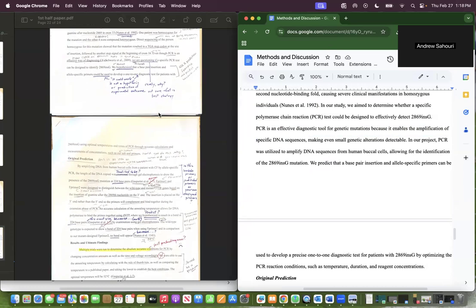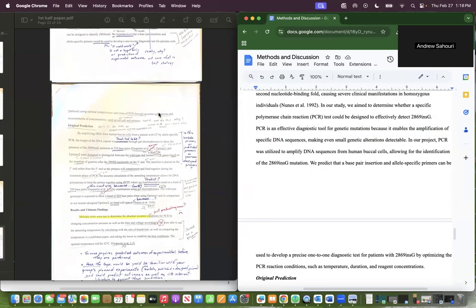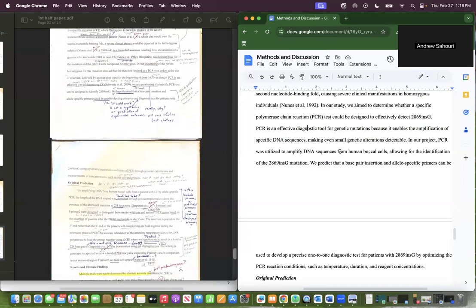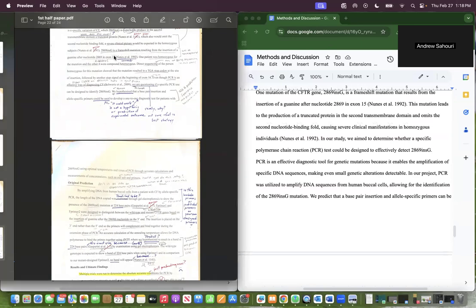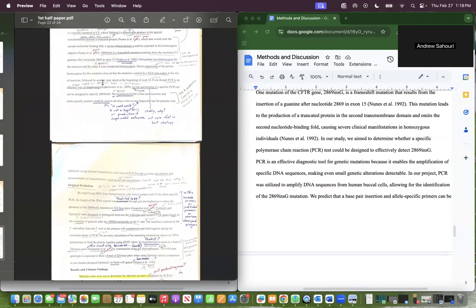Yeah, and I just fixed a lot of these citations. Sorry, I'm losing wording right now. And then I just removed this because, well, I didn't remove it, but I just wrote how it's an effective way.